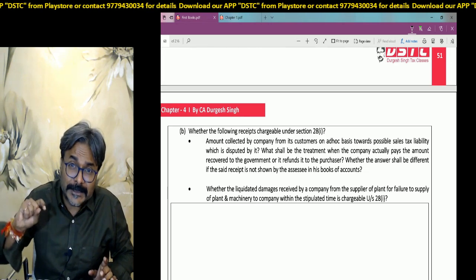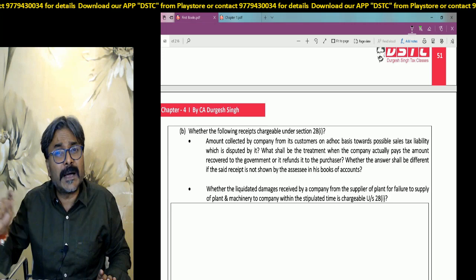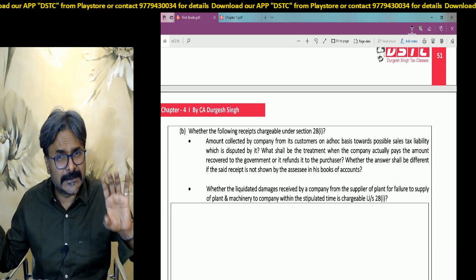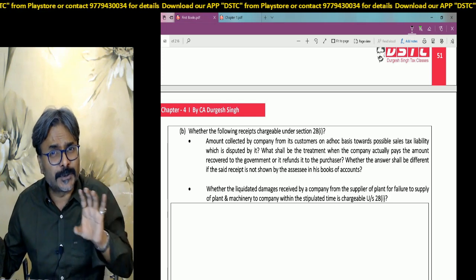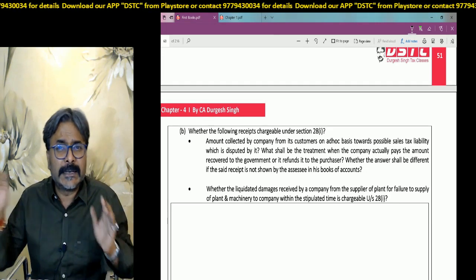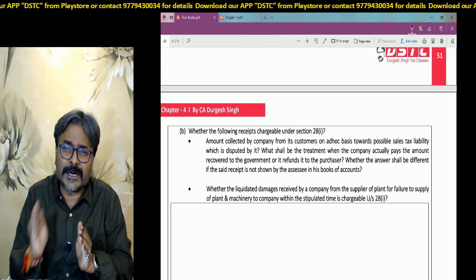But to ensure that it is brought to charge to tax, we now have a specific chargeability under, first, the definition of income under section 2 clause 24, and second, under section 28 2e, where it is specifically provided that these amounts would be charged to tax.